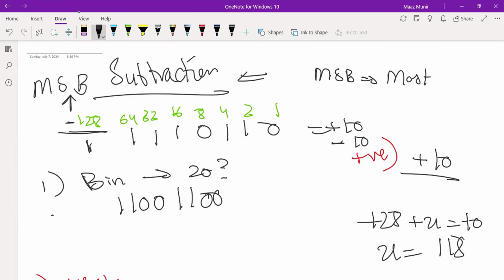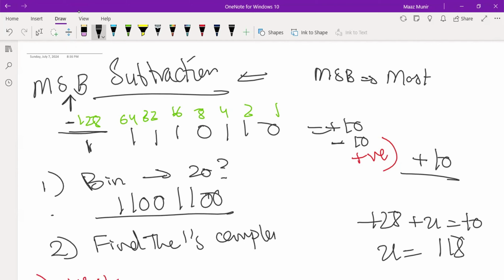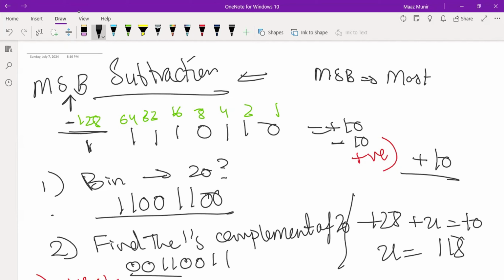This isn't 20, but let's say you give this. And then in the second part, it says, find the ones complement of the same 20. How are you going to do this? You just flip the values: 00110011, and this is your ones complement answer.